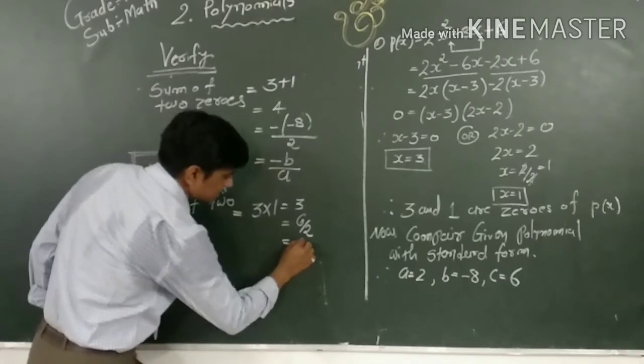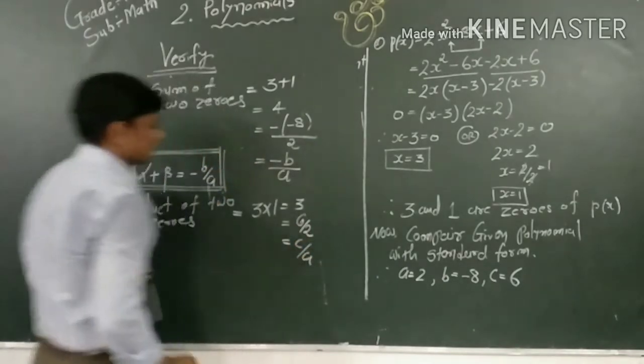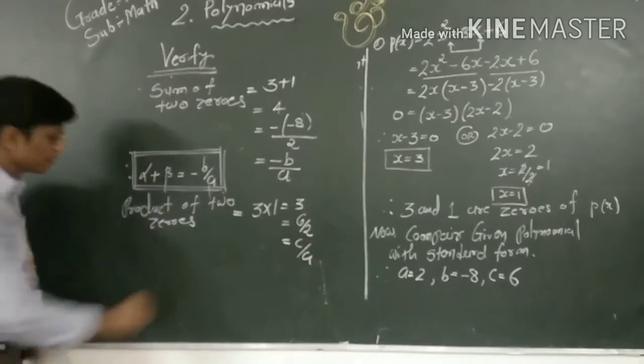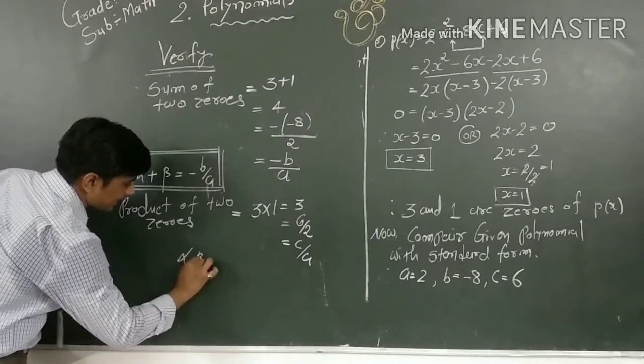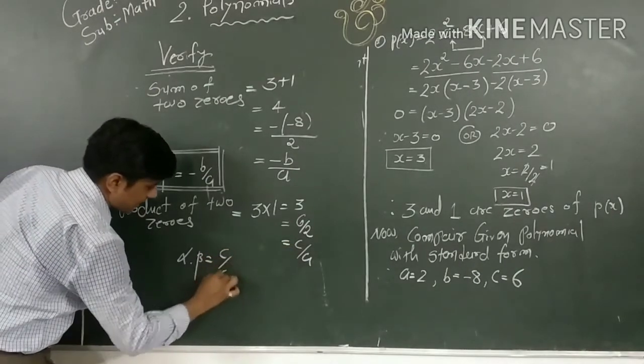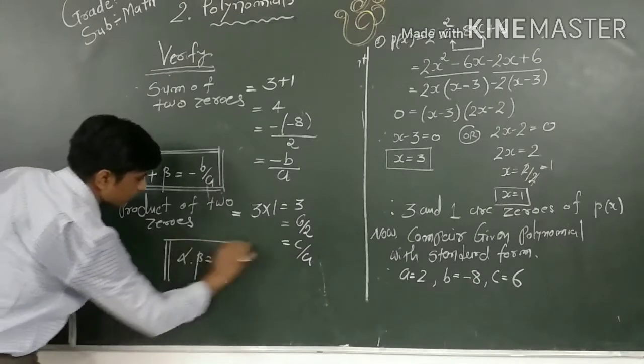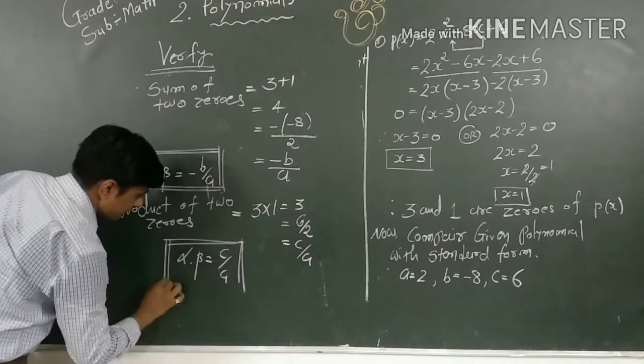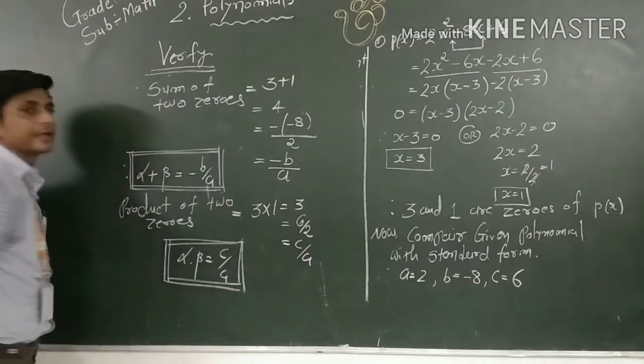Therefore, we write c upon a. We obtain another formula, alpha into beta is equal to c by a. These two formulas are very important for verification.